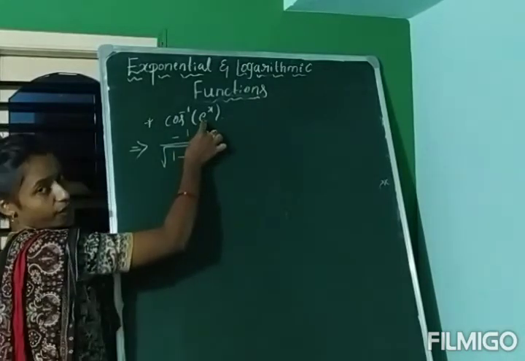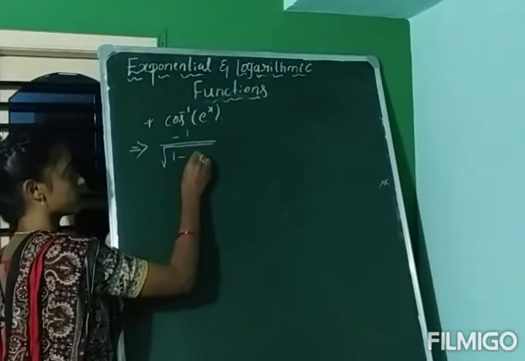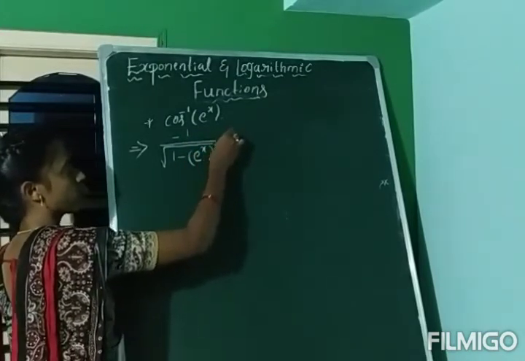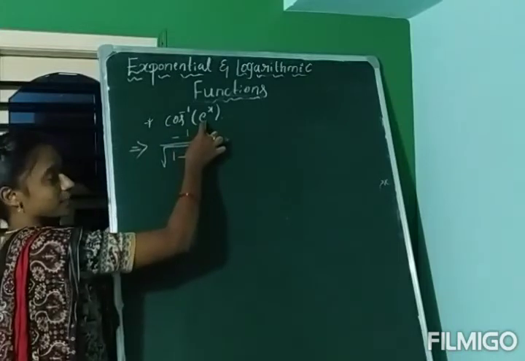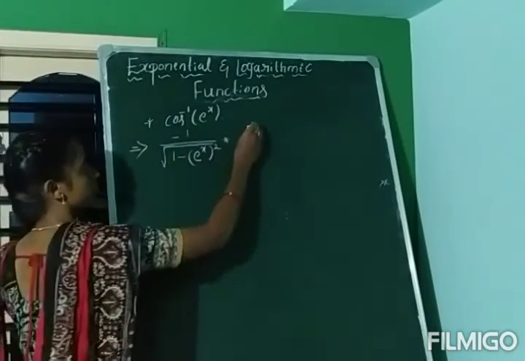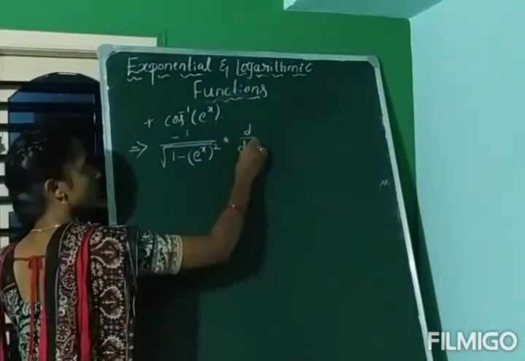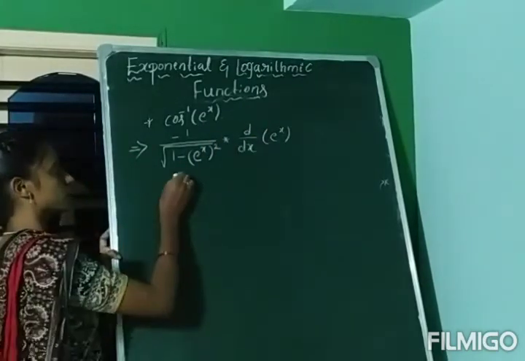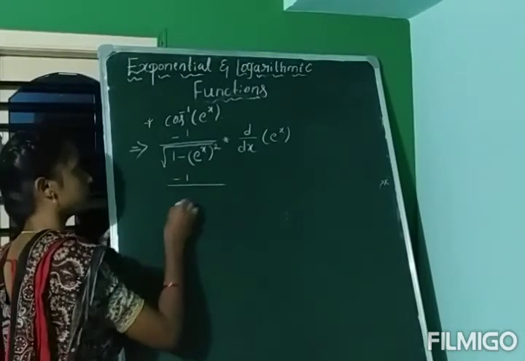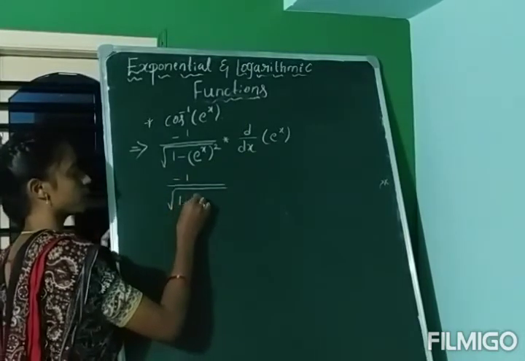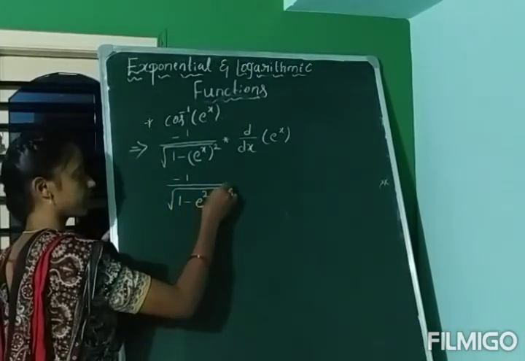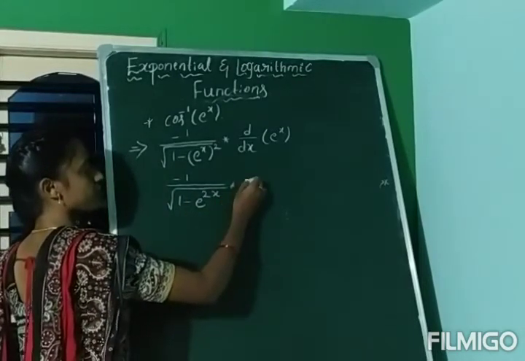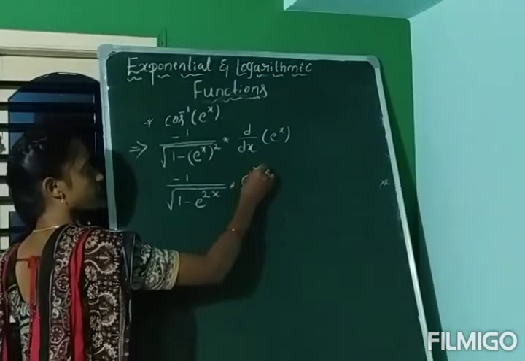In the place of x we have an exponential, right? You just write e power x whole square. Now you need to differentiate this inner function again, d by dx of e power x. So now minus 1 divided by square root of 1 minus e power 2x, into the derivative of e power x, which is e power x only.